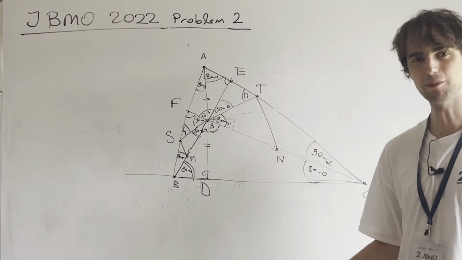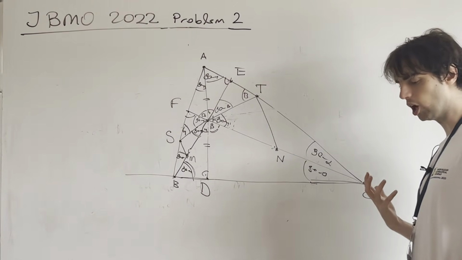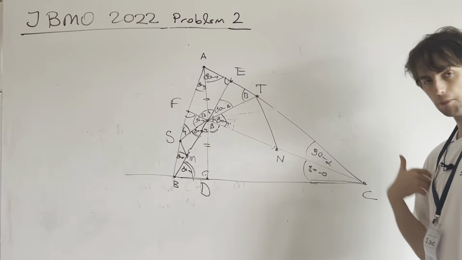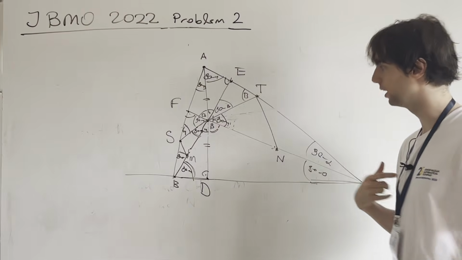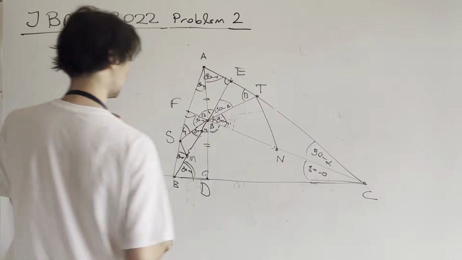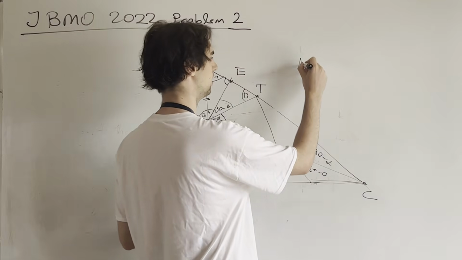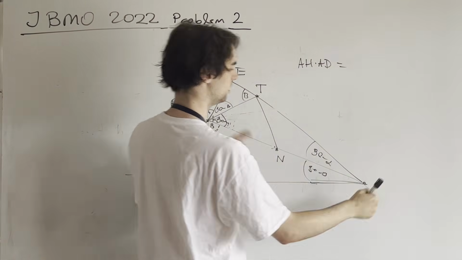Okay, so there are a couple of ways we can go about trying to connect this. And it really depends on your flavor, your style of geometry that you're after. My style was, okay, I have H as the midpoint. Let me try to use this fact in some way, shape, or form. Well, I have that AH times AD is equal to AE times AC.